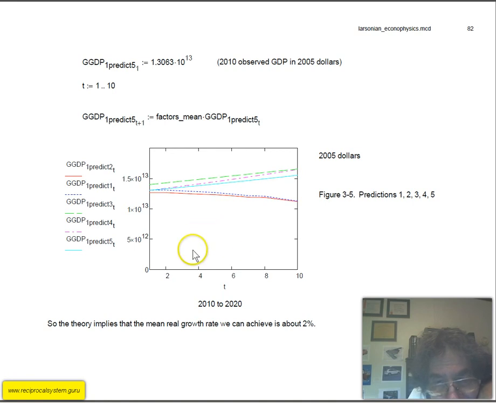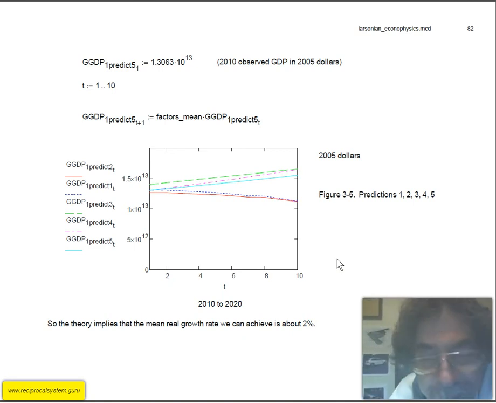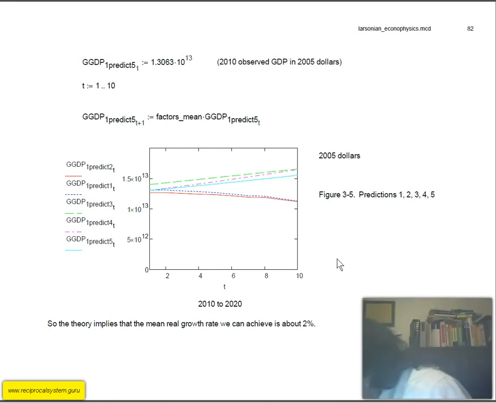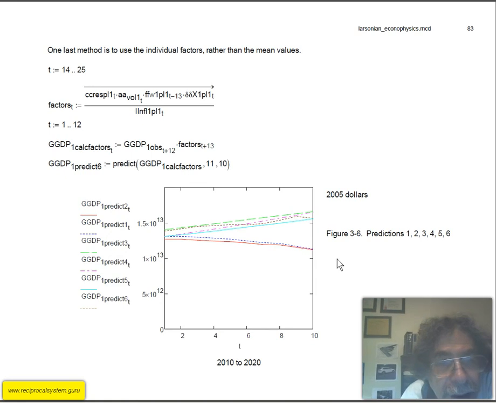So the theory implies that the minimal growth that we can achieve is about 2%, and that's what most economists agree to. It's about 2%. But if the money supply is increasing at 2%, well, then the prices should not be changing. Okay.